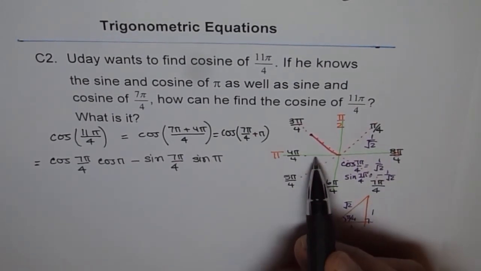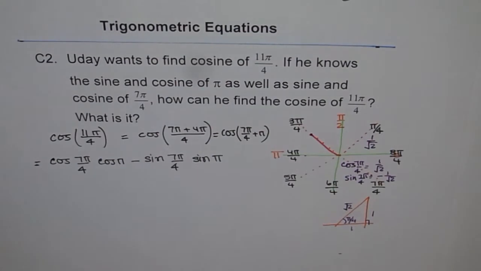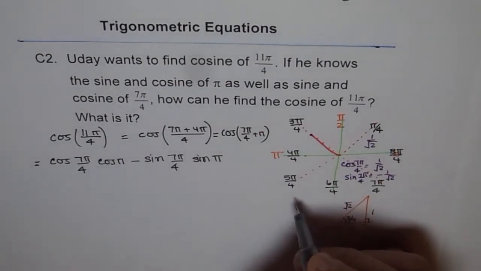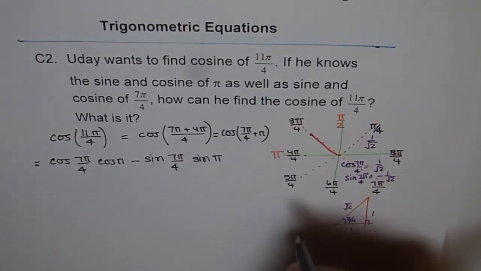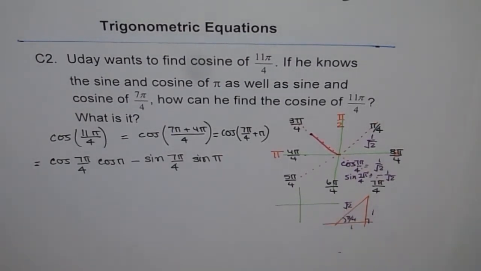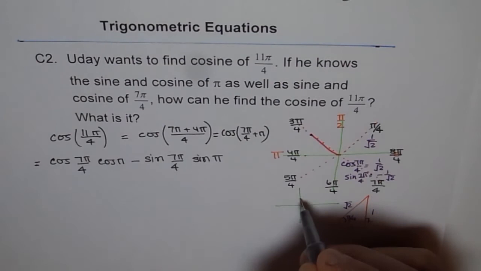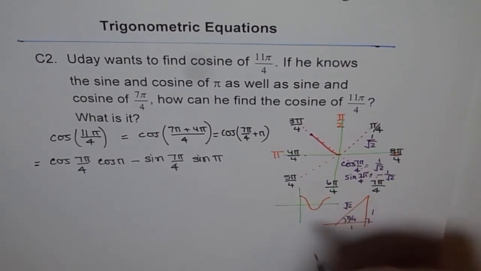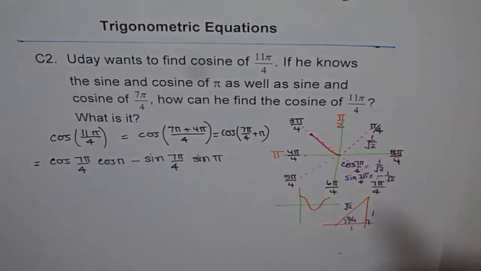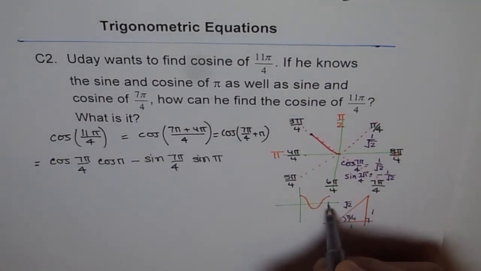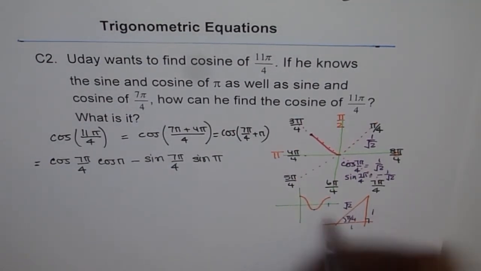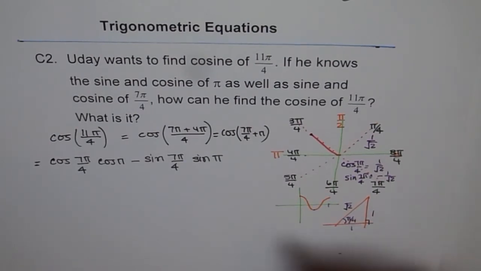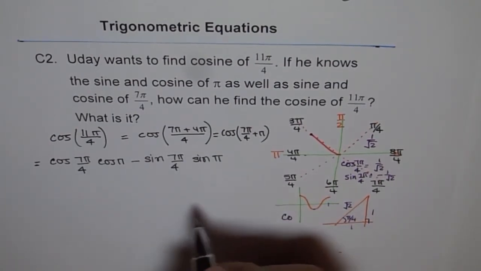And how about pi? For pi, you can either draw your graph of sine and cosine, or you know the values, right? But I prefer to draw the graph and then figure out. So that is a cosine graph, from 0 to 2 pi. So cos of pi is minus 1, right? I'm writing all these values so that you can plug them in and get your answer.